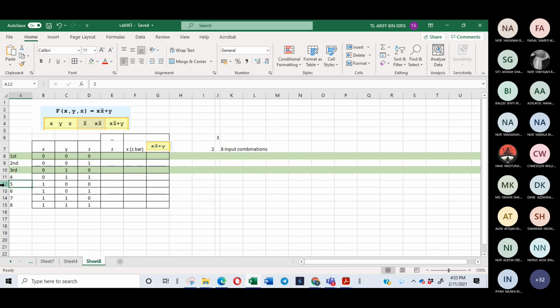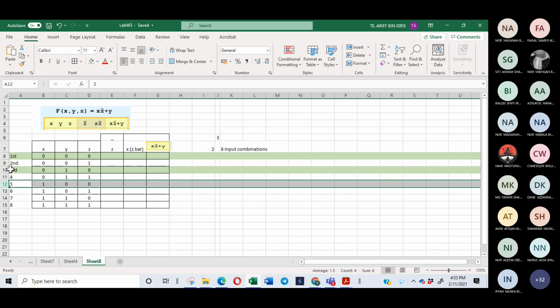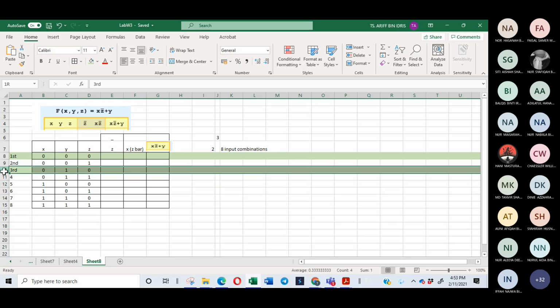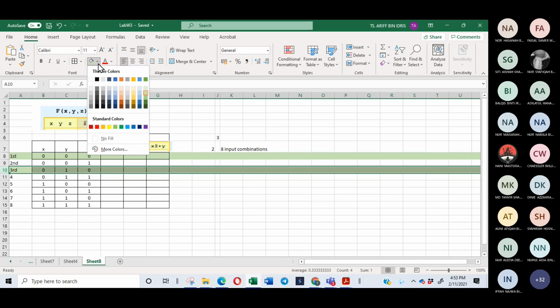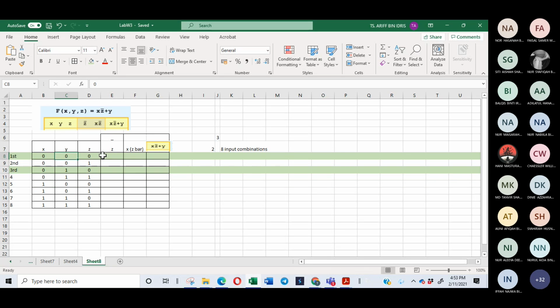It's easier for us to see. Now we want to get the full marks for this truth table.